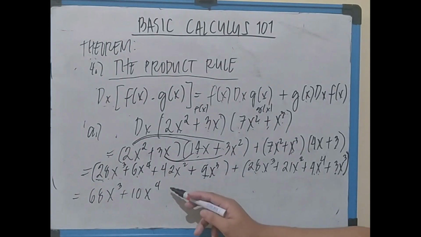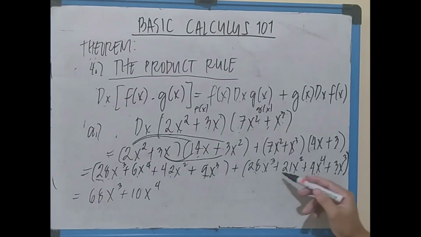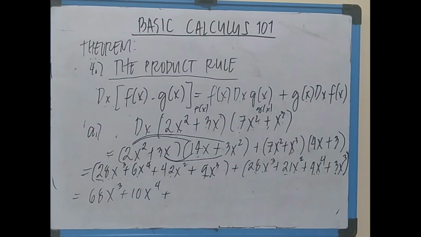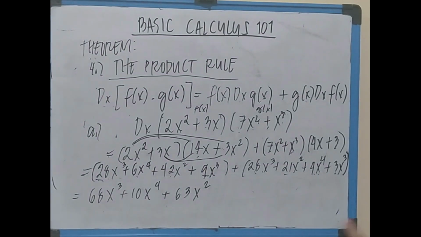Now, sa x squared naman po. So 42 ito, then 21. 42 plus 21 is, we have now 63. Then x squared. So since wala na pong iba, wala nang exponent na 1 nandyan, so ito na po yung magiging final answer natin.